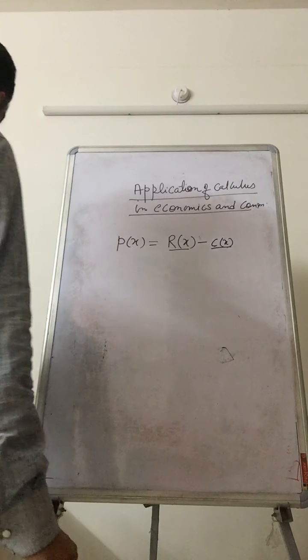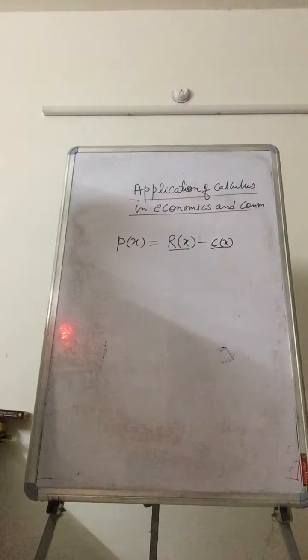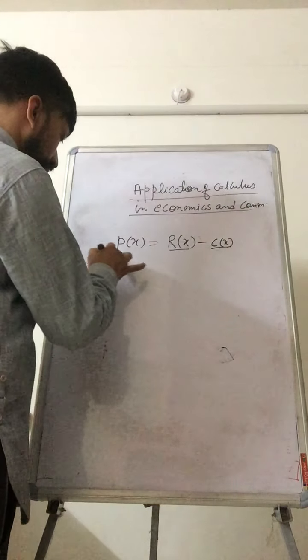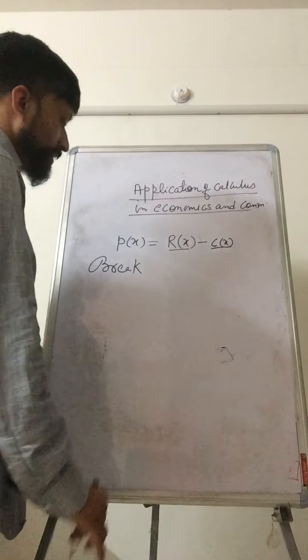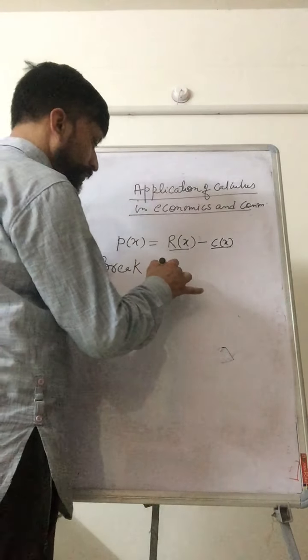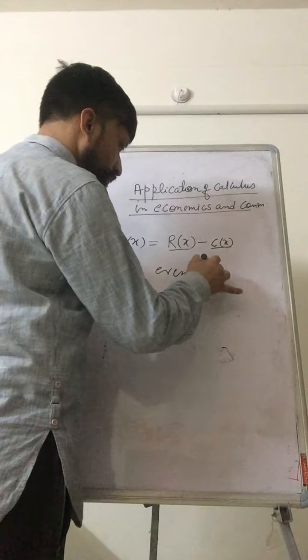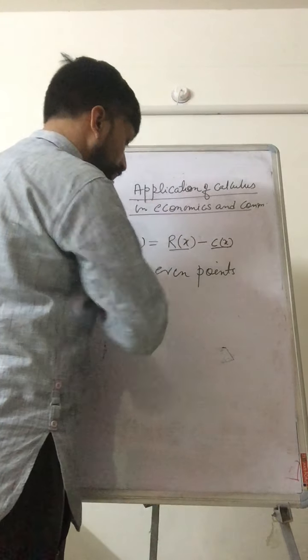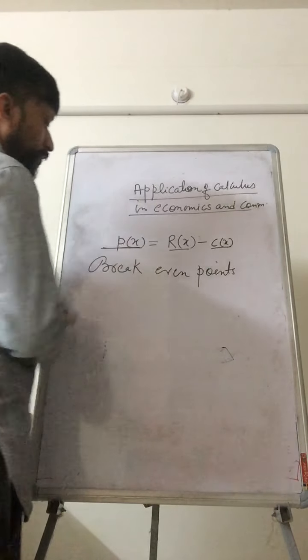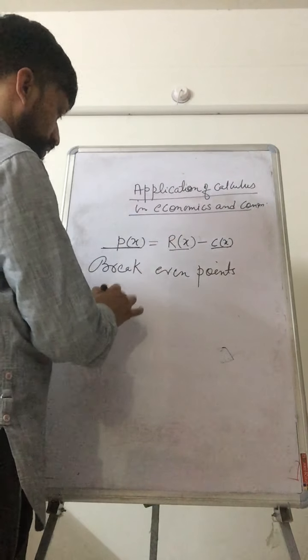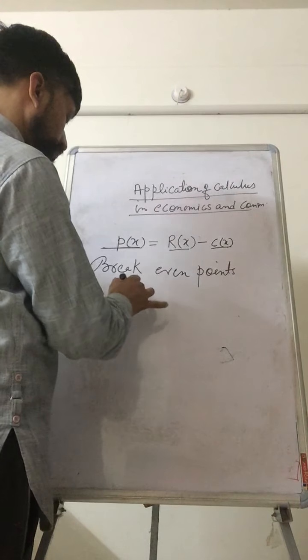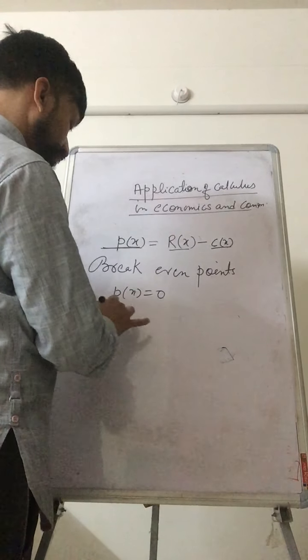Now, break even point. What is the meaning of break even point in economics and commerce? Break even point means this will be equal to 0, means there will be no profit and no loss. So Px equal to 0.